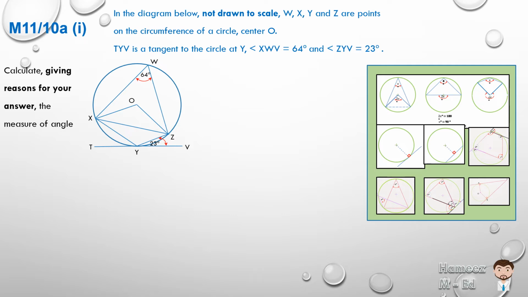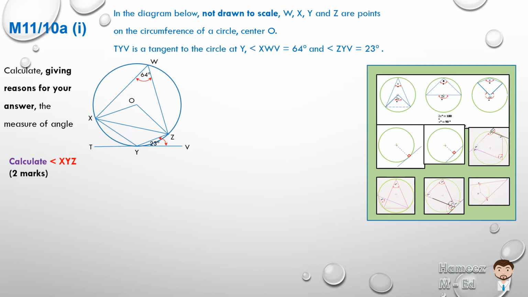So if we look at the question, we can see that all the information that was written was given in the diagram. So now let's look at what part 1 is asking us for. Calculate angle XYZ. If we look at angle XYZ, we can recognize that it is the base angle in the four-sided figure, in the cyclic quadrilateral.